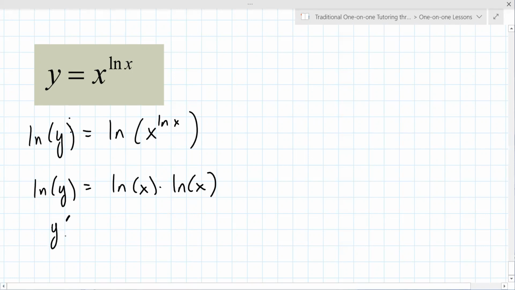So the left side always becomes y prime over y. Yeah, I'm at that step right now. It's one of those steps where you may just want to remember that too. Sorry. No problem.